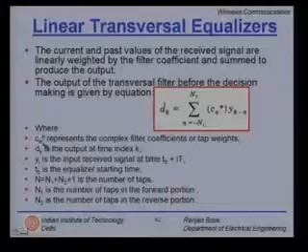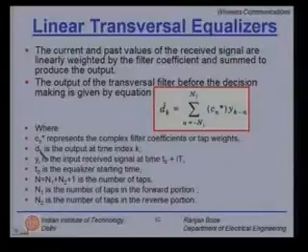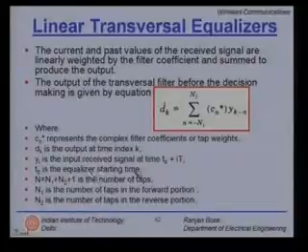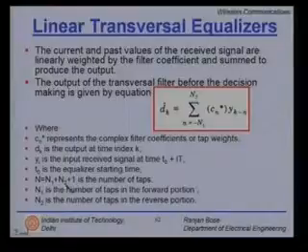In this equation, Cn star represents the complex filter coefficients, also called the tap weights. Dk is the output at the time index k. Yi is the input received signal at time t0 plus iT. T0 is the equalizer starting time. N equal to n1 plus n2 plus 1 is the number of taps.